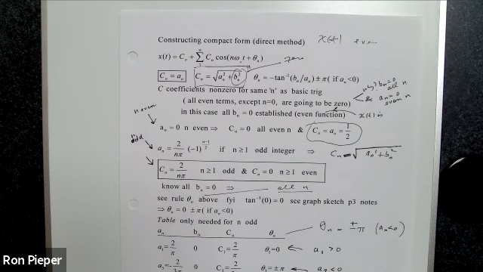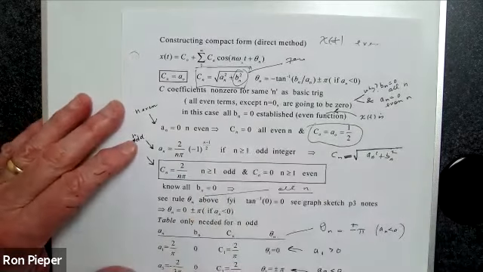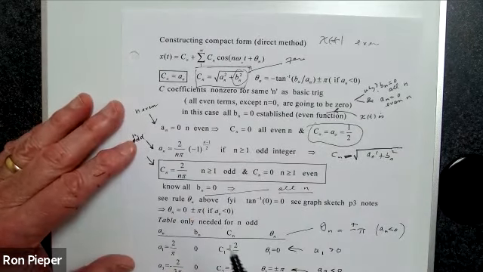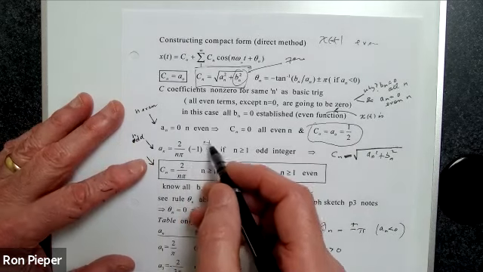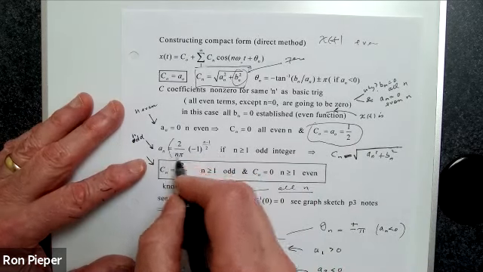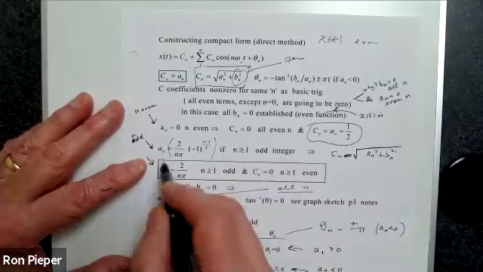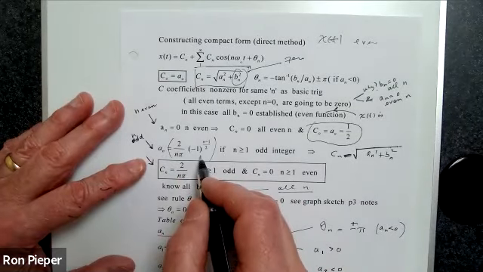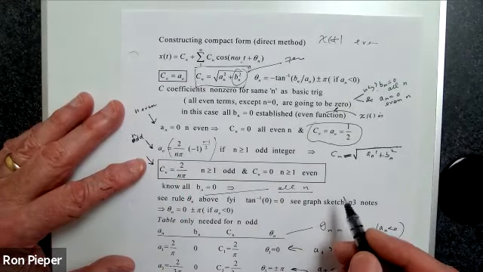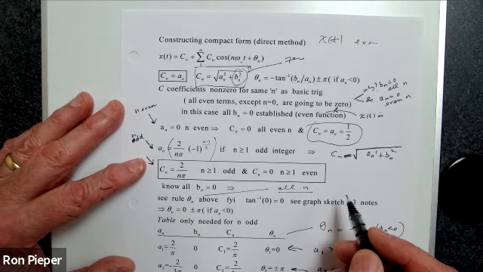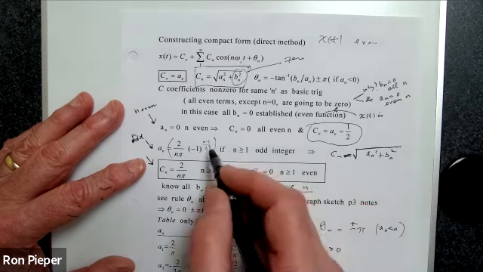Now, since this is kind of a bootstrap process where we're using our knowledge of having done the basic trig, we're going to say, well, from our work on the basic trig, we found out we had this recipe for the An when the n was odd. So we can use that here to make the case.